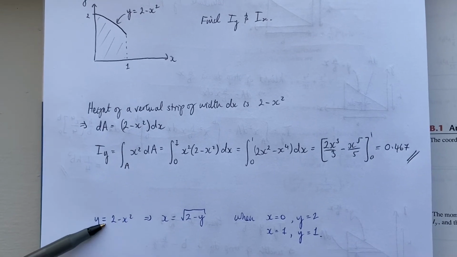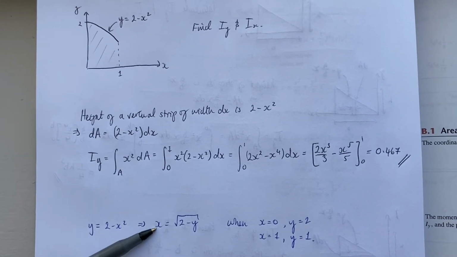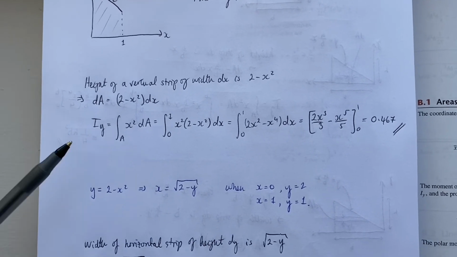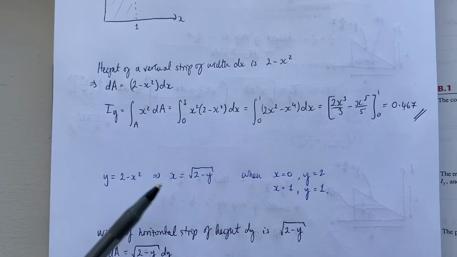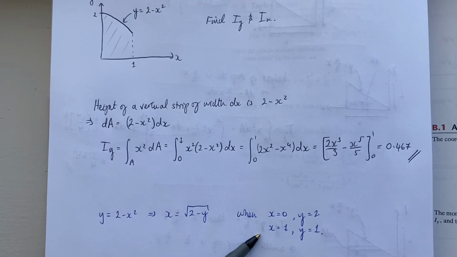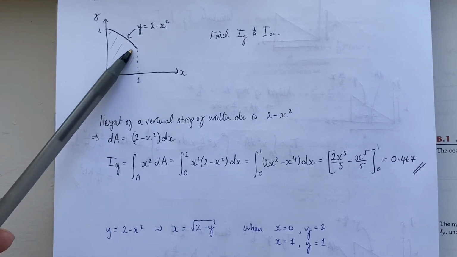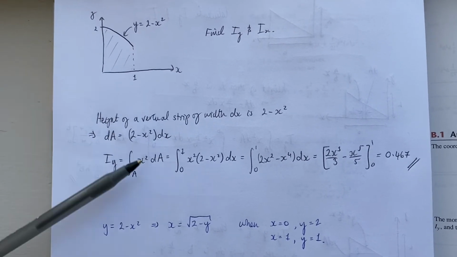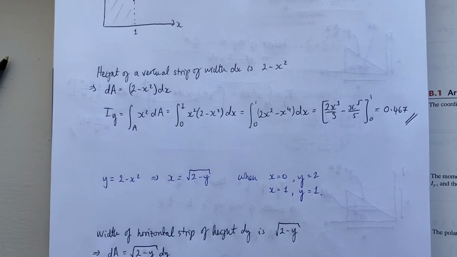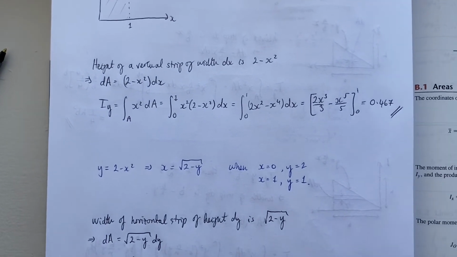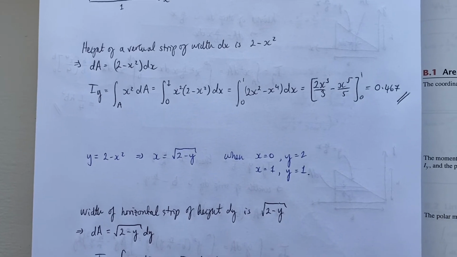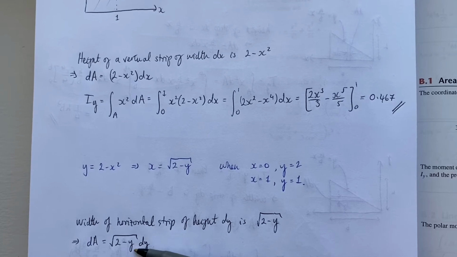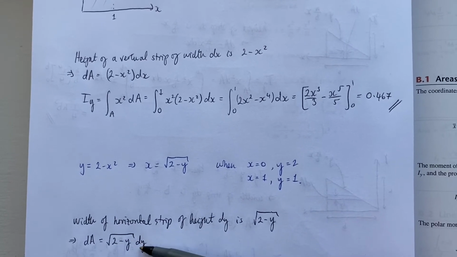So we rearrange the equation of the line for x so that we now have everything in terms of y for our integration. I've found the y coordinates here, so I know what I'm integrating between. And then I can work out the area of those little individual horizontal strips as the width multiplied by the height.